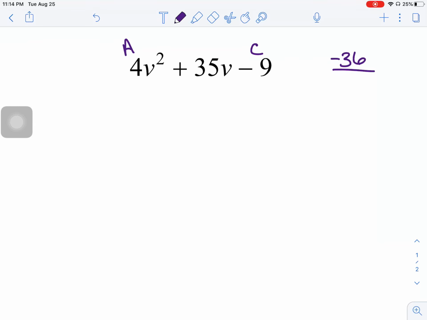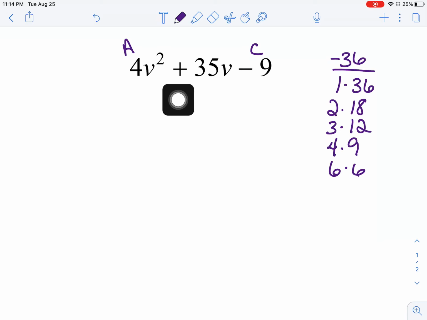But for right now, I'm just going to do 1 times 36. What would that be? 2 times 18, 3 times 12, 4 times 9, and 6 times 6. Okay, now to deal with the signs here for this particular problem, I know I need to multiply to a negative 36, but I'm trying to add up to a positive 35.